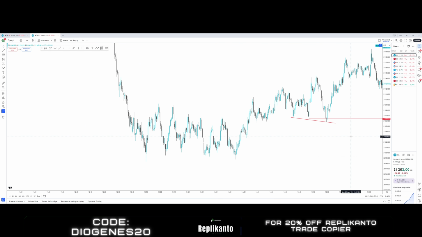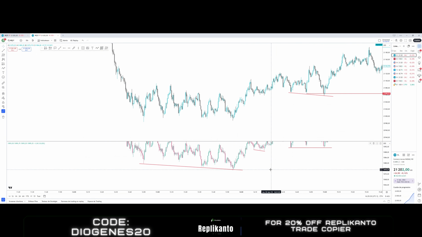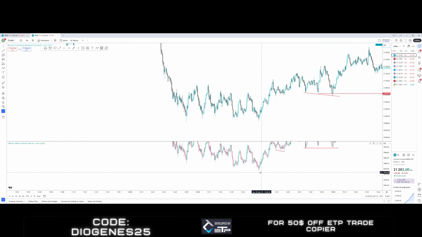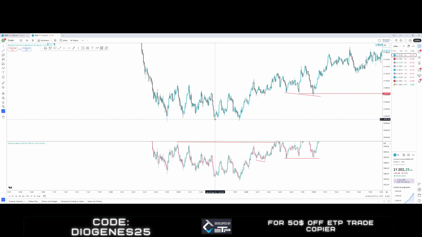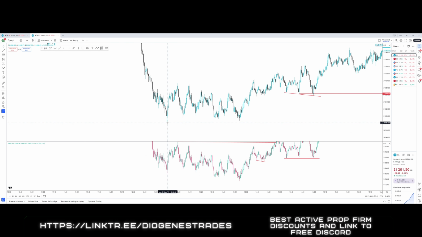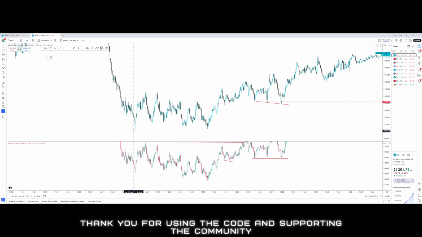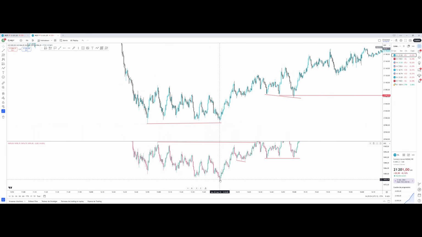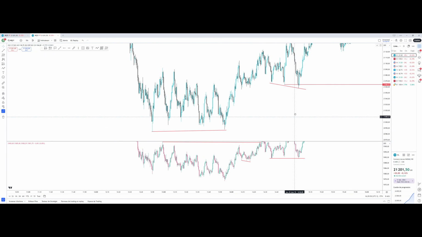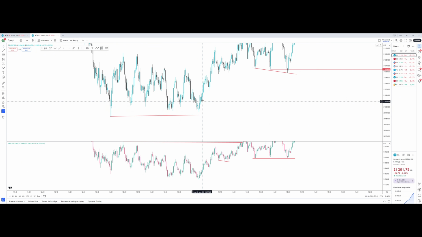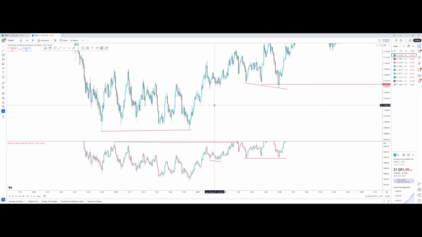So let us see again if we can find it somewhere else. Okay. Look at this. So here at the lows, ES took everything. Nasdaq didn't. Okay. Then price started flying, right?